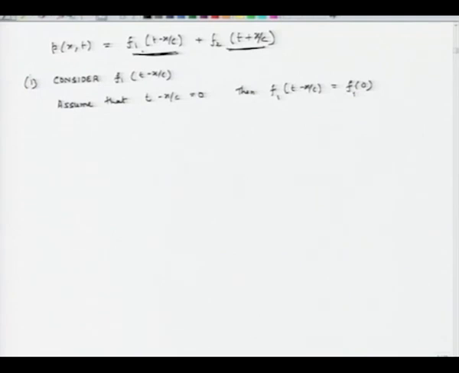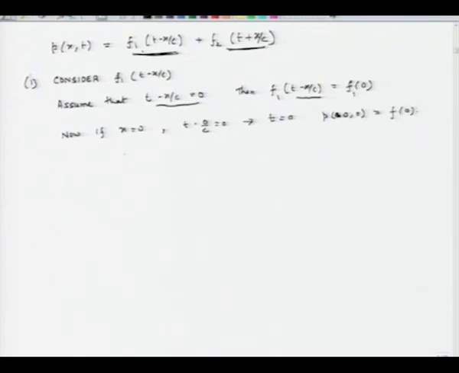Now, what we are going to do is plot t and x for this condition, but before we do that, let us consider one more case. If t minus x over c is 0, then if x equals 0, t minus 0 over c equals 0, which implies t equals 0, and the pressure P of 0, 0 is equal to f of 0.